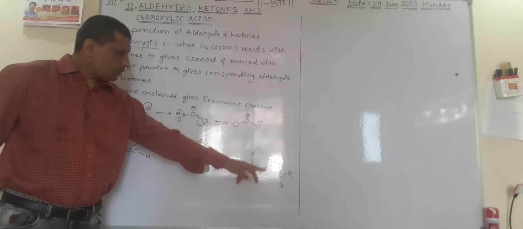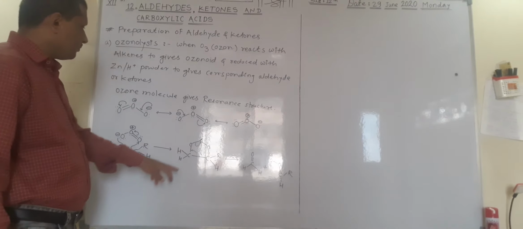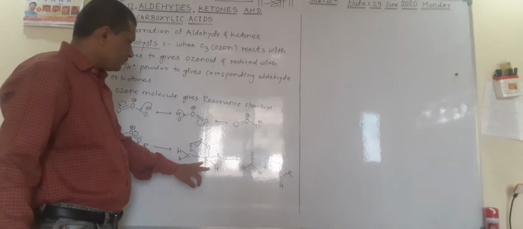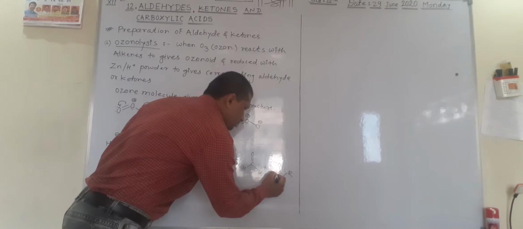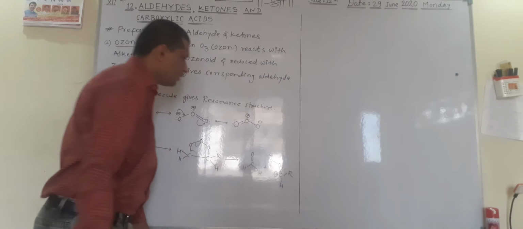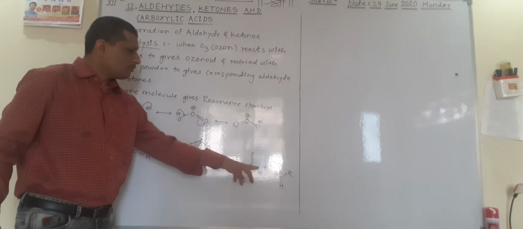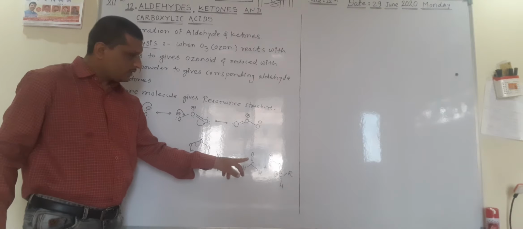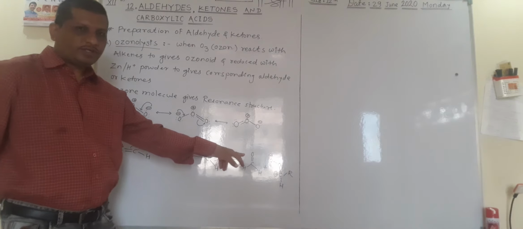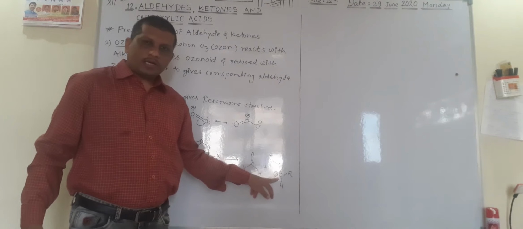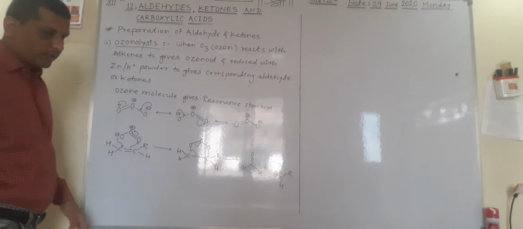This negative charge of the ozone can be shifted to this positive carbon, the negative charge can be shifted to this carbon, and this carbon-oxygen double bond can be shifted to this carbocation to give the ozonide structure.